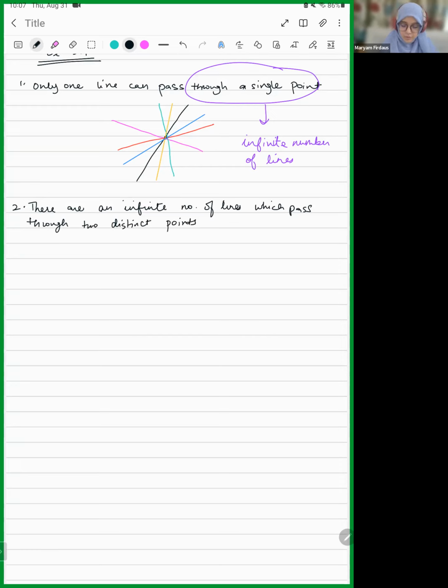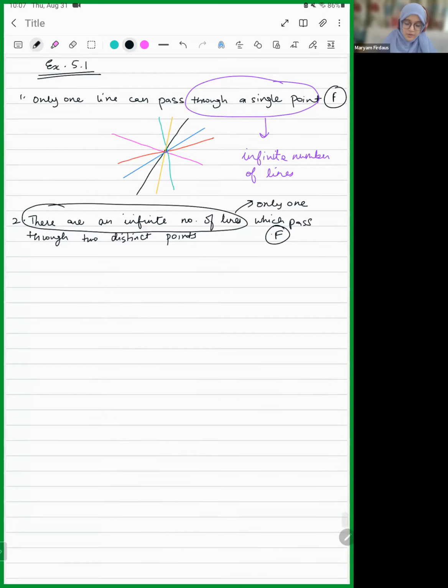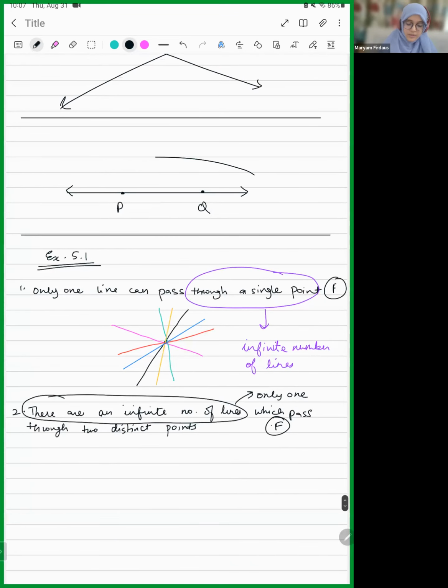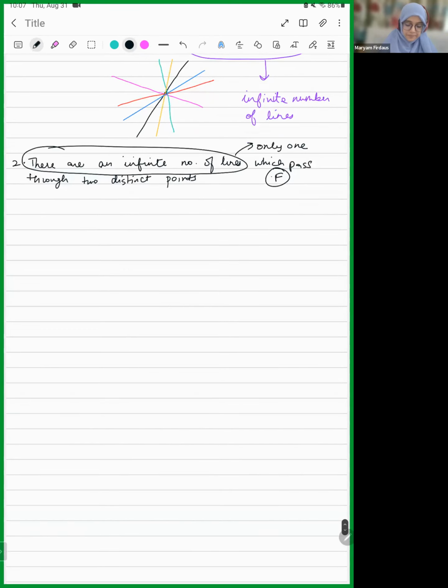So this is also false. Okay, what will be the true statement for this? Only one line. Only one line, just like we saw over here, that through two distinct points, only one line can pass.